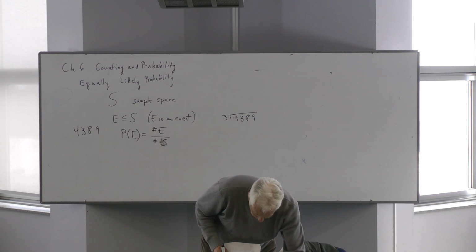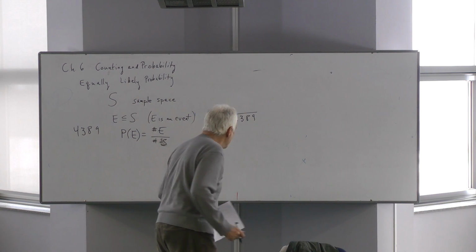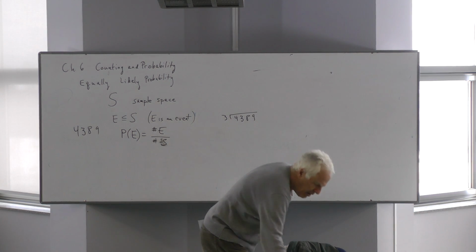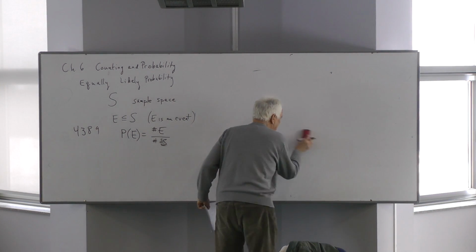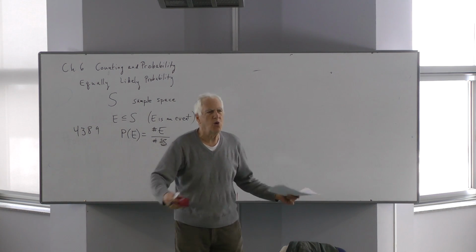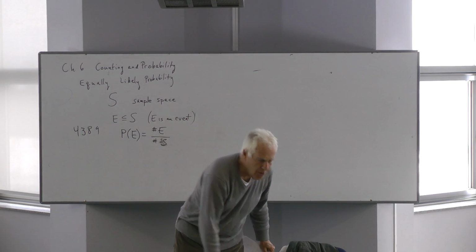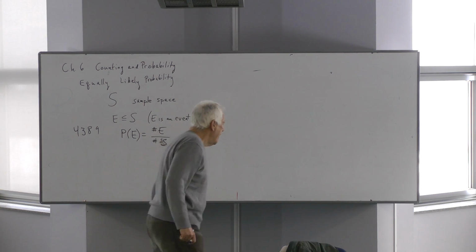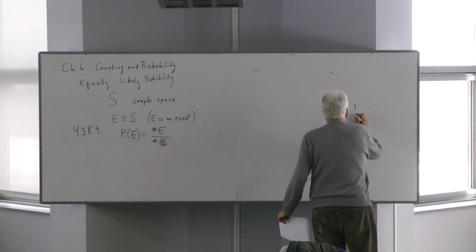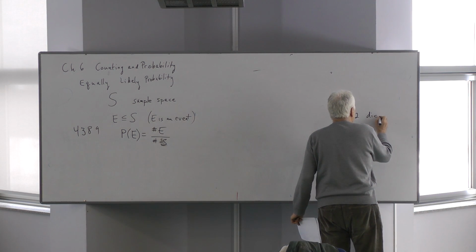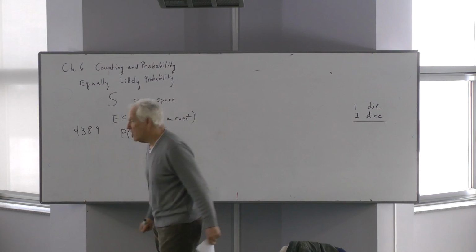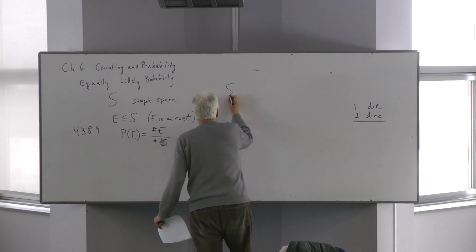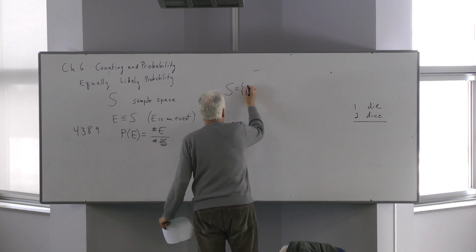Let's look at number 6. I don't want to look in the book what the number is, but here is the problem. I'll say it in words. I throw 2 dice. It's an irregular word: 1 die, 2 dice. Okay, so I throw 2, and the sample space has 36 elements.